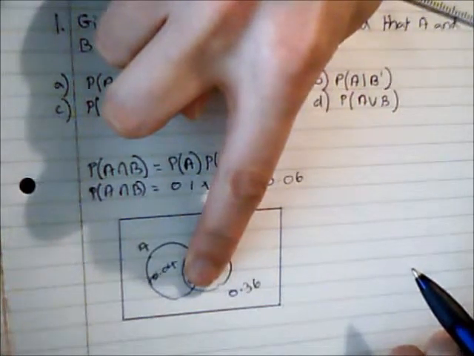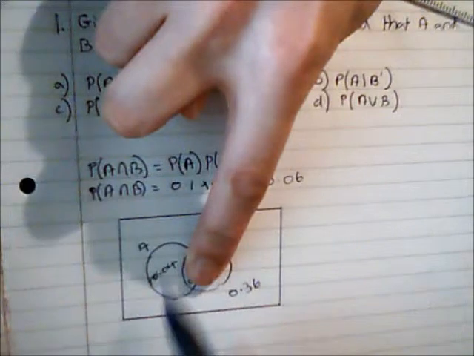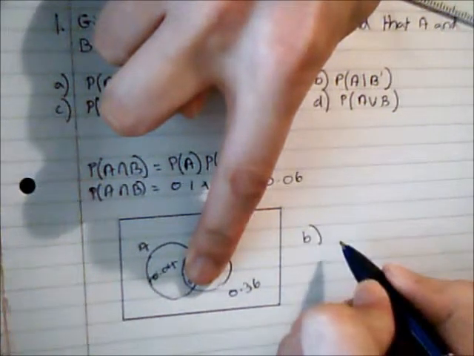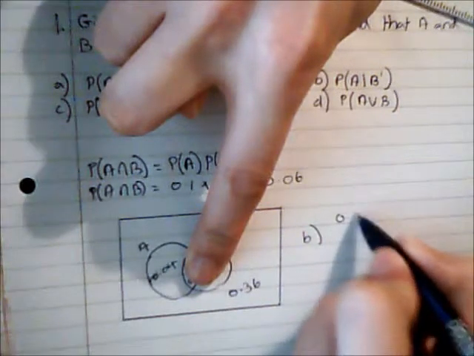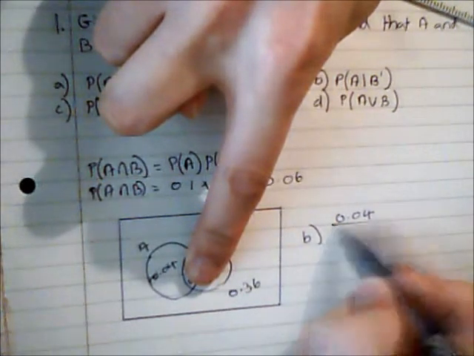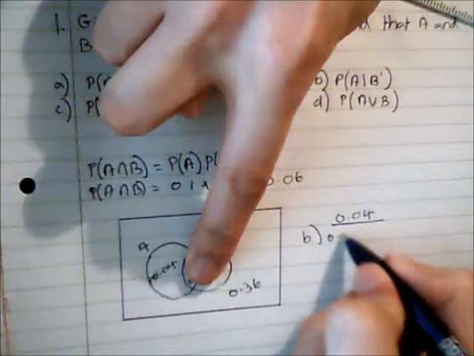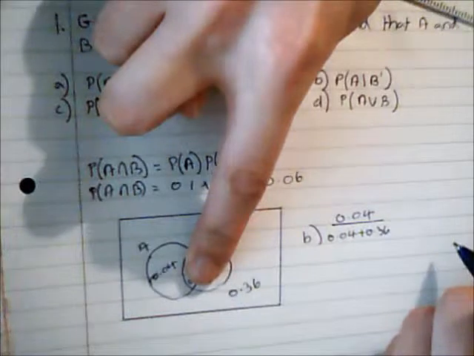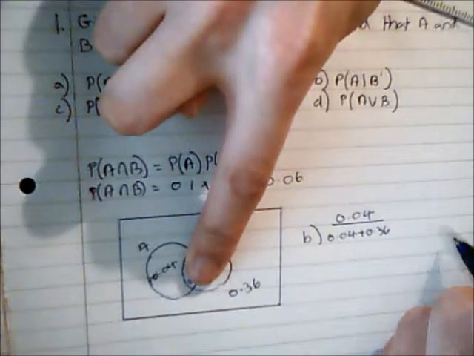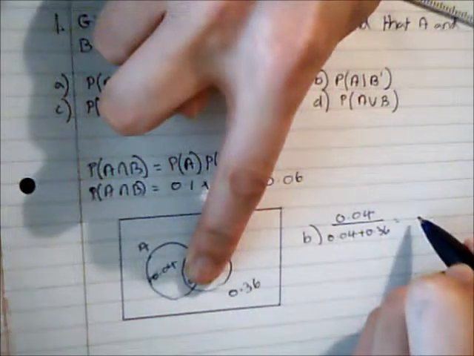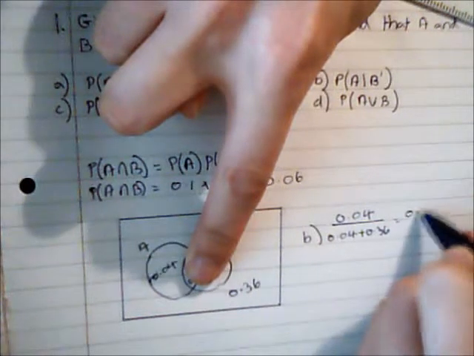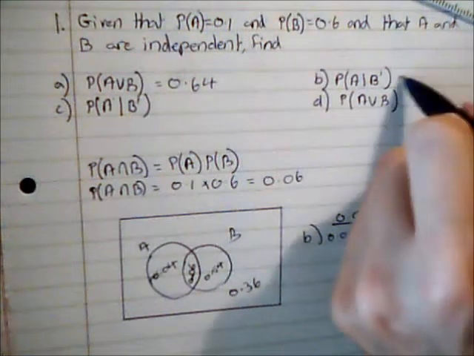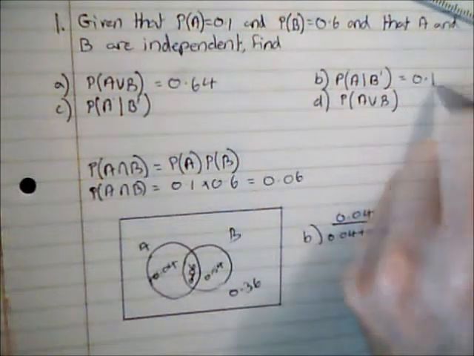And I want to know the probability of A, so this is the only bit that's in A, so it's going to be 0.04, so I'm just going to do that here so I've got a bit more space, so it's 0.04 divided by my new total, which is 0.04 and 0.36, so that ends up being 0.04 over 0.4, so that gives me 0.1. So the probability of it being in A, given that we know it's not in B, is 0.1.